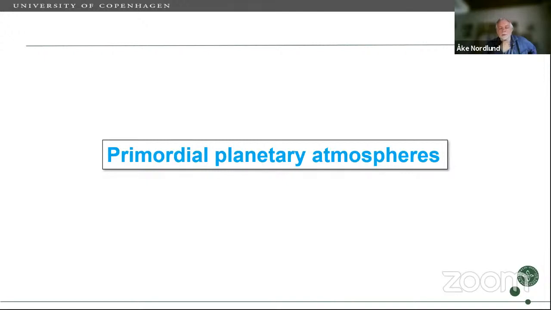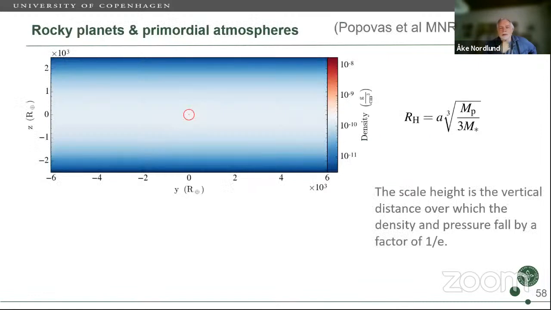Let's also look briefly at planetary atmospheres. Here is a model that we did a couple of years ago. The round circle that you see here is supposed to represent Earth, but it's not Earth itself. Earth is smaller than the little pixel in the center. The ring here is actually the Hill sphere, and the Hill sphere is 240 times larger than the Earth.